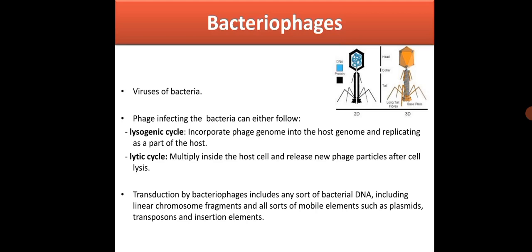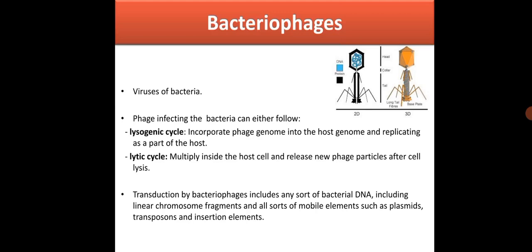In short, lysogenic cycle incorporates phage genome into the host genome and replicates as a part of the host. In lytic cycle, the phage multiplies inside the host cell and releases new phage particles after cell lysis.